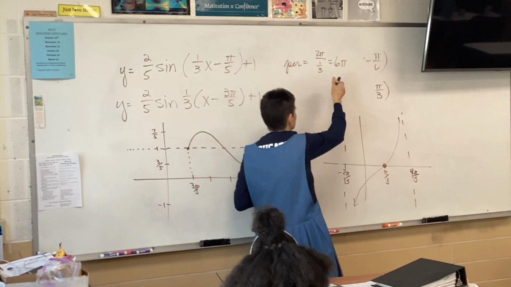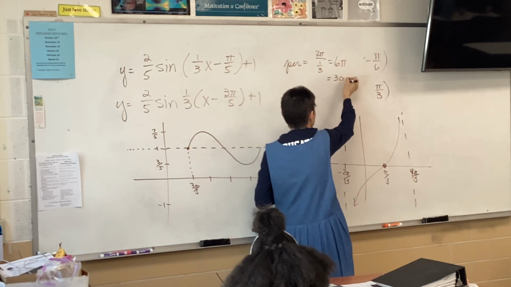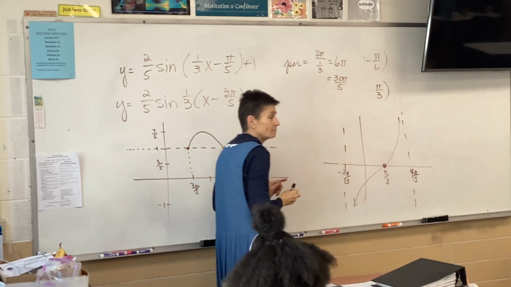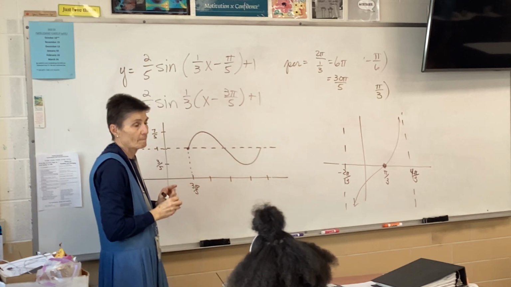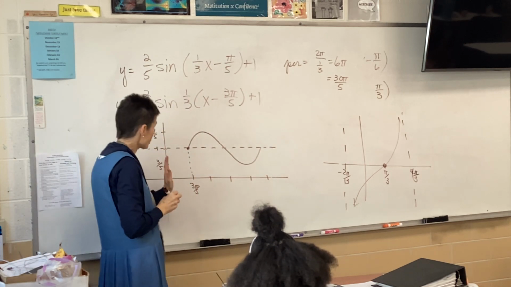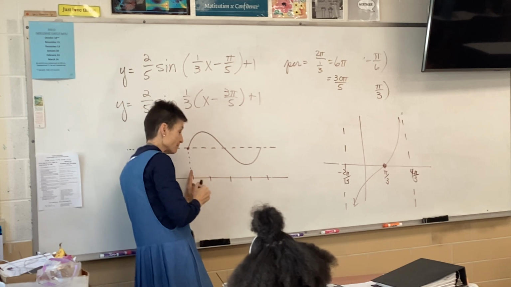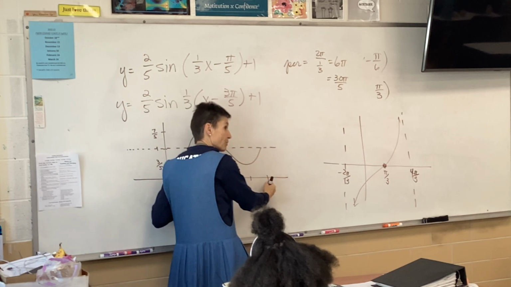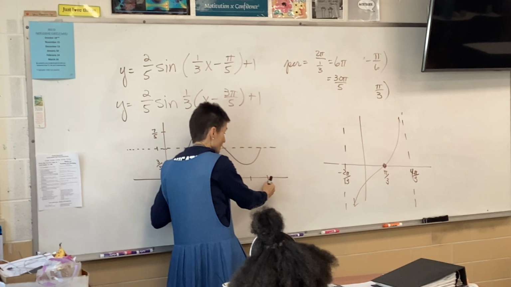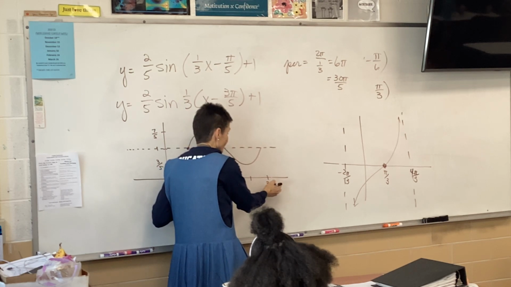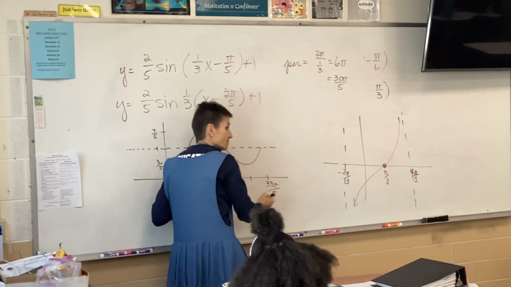Can I think of 6 pi as 30 over 5? Yes. So if I start at 3 over 5, and I travel 30 over 5, where am I going to be? 33 over 5?